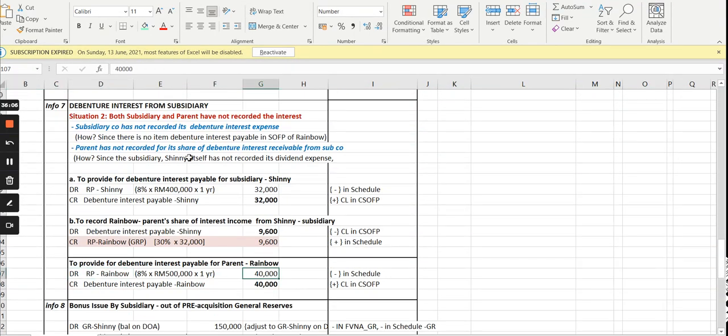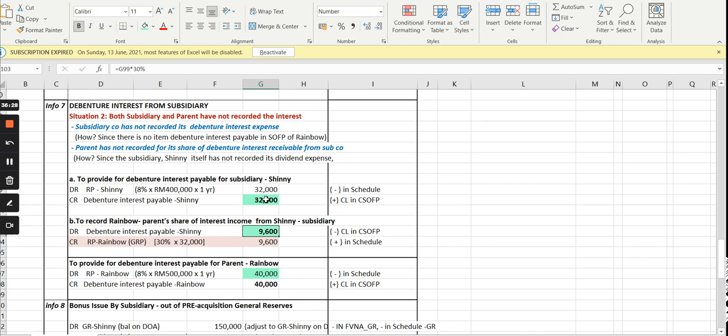This will be shown in the consolidated statement of financial position, but the one of the subsidiary, you will take 32,000 credit and you will minus with the 9,600, which is the intra-group debenture interest.